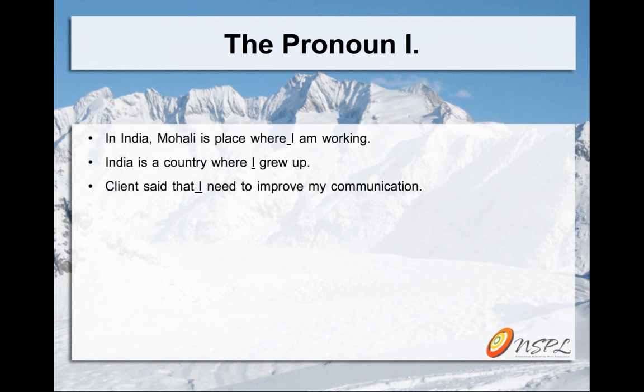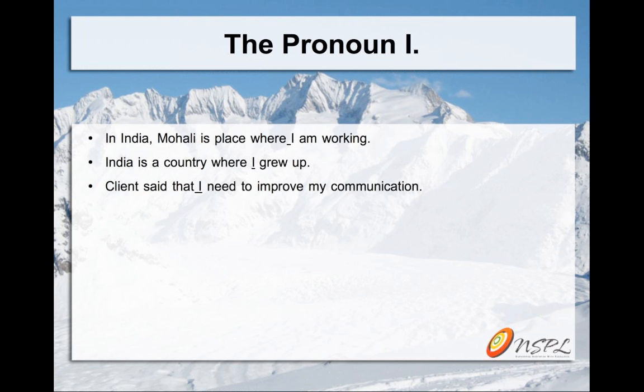Along with learning capitalization, how to use capital letters, I'm also going to tell a little bit about why and how we give pauses. So when you write on Skype, you should give pauses like this. In India, Mohali is a place where I am working. We cannot write I small. That is completely wrong. Okay.